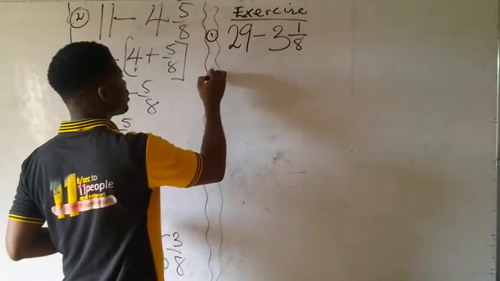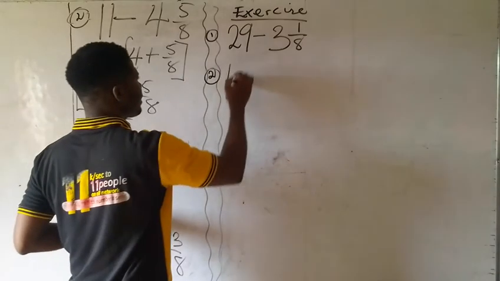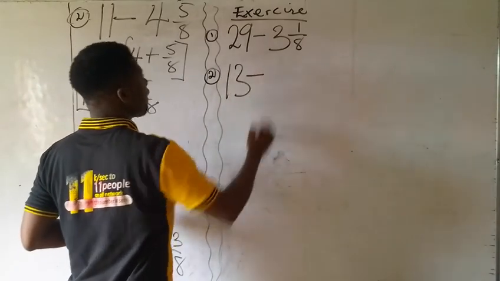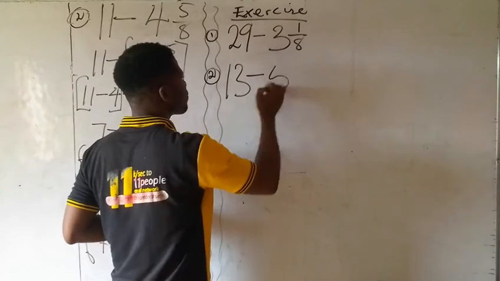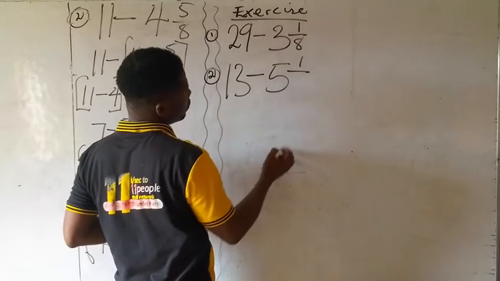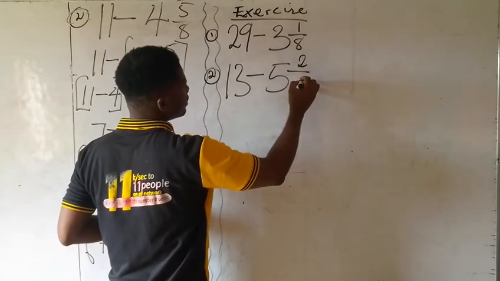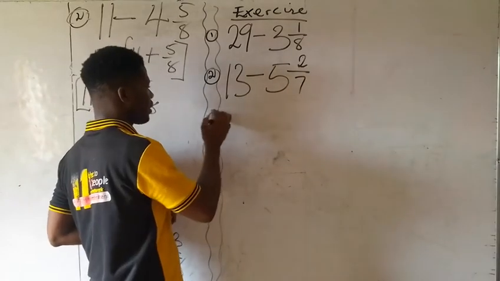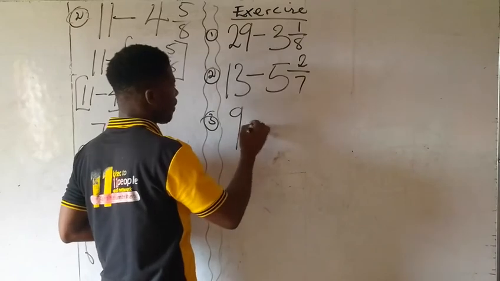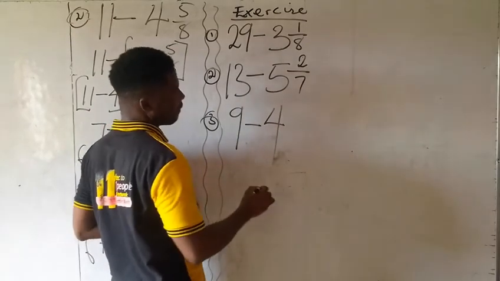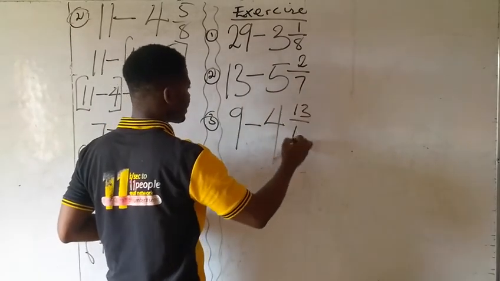Number 2: 13 minus 5 whole number 2 over 7. Number 3: 9 minus 4 whole number 13 over 17.